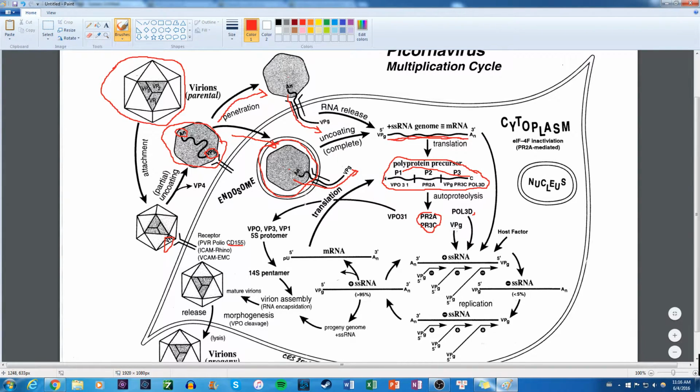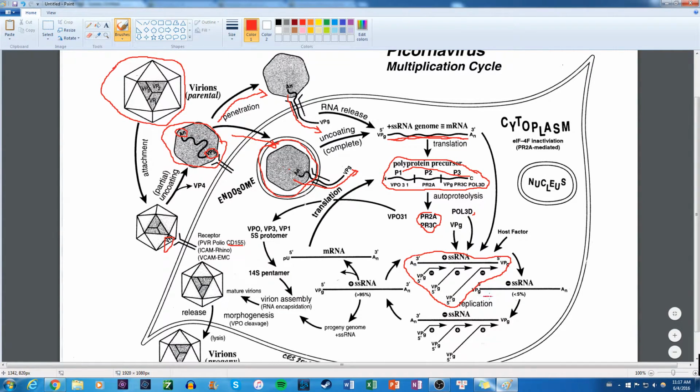Long story short, you now set up a base infrastructure for you to start making the negative single-stranded RNA from your one single strand of positive RNA. You can see that here. With all the machinery put in place, you can now make a bunch of negative single-strand RNA.